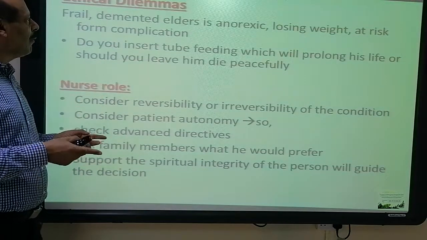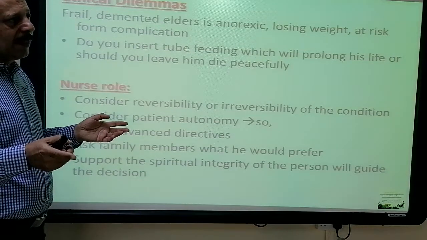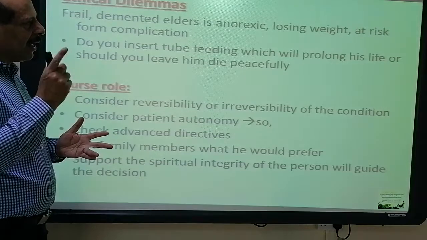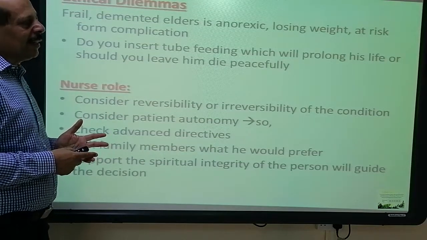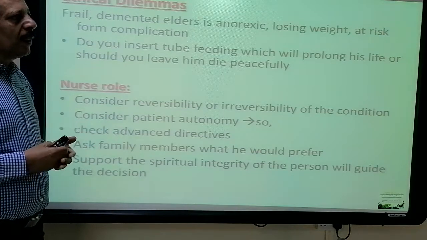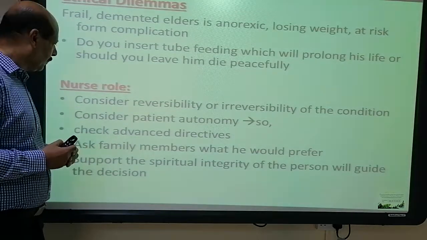All of those are ethical dilemmas where the family members and the healthcare giver sometimes get confused on what to do for those clients.